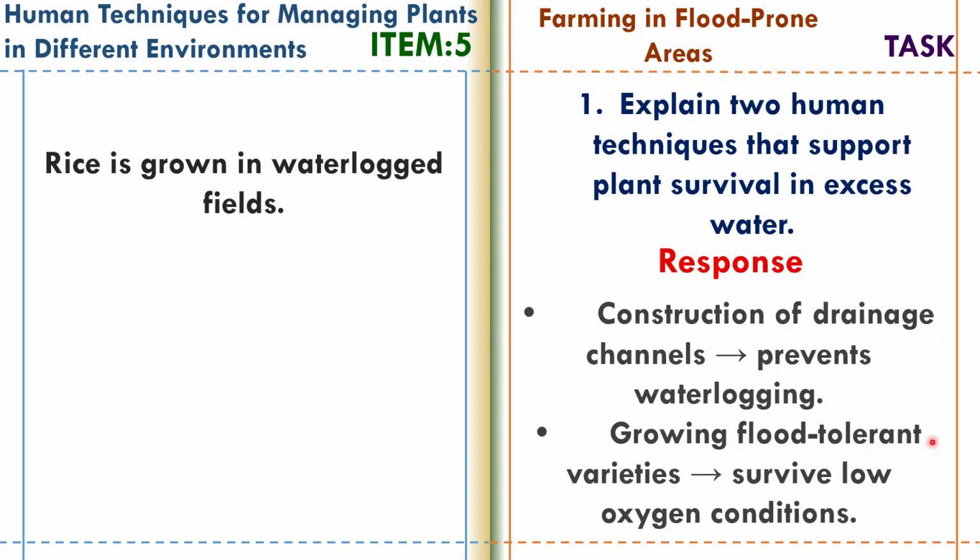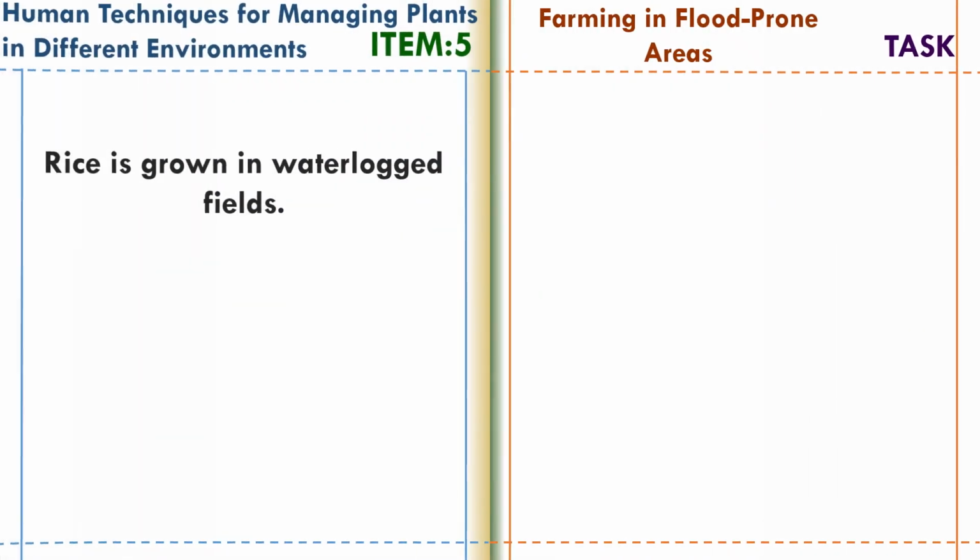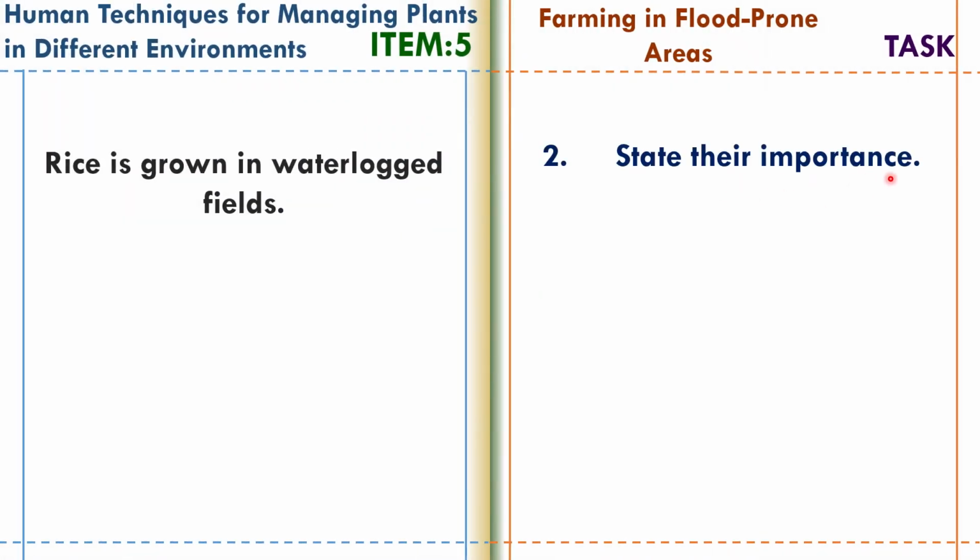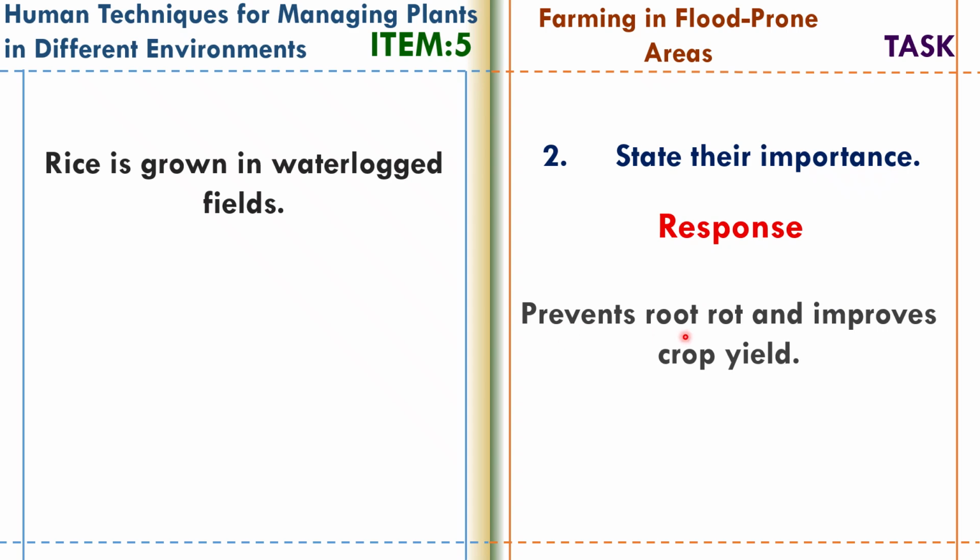Growing flood-tolerant varieties which can survive low oxygen conditions. State their importance. Prevents root rot and improves crop yield.